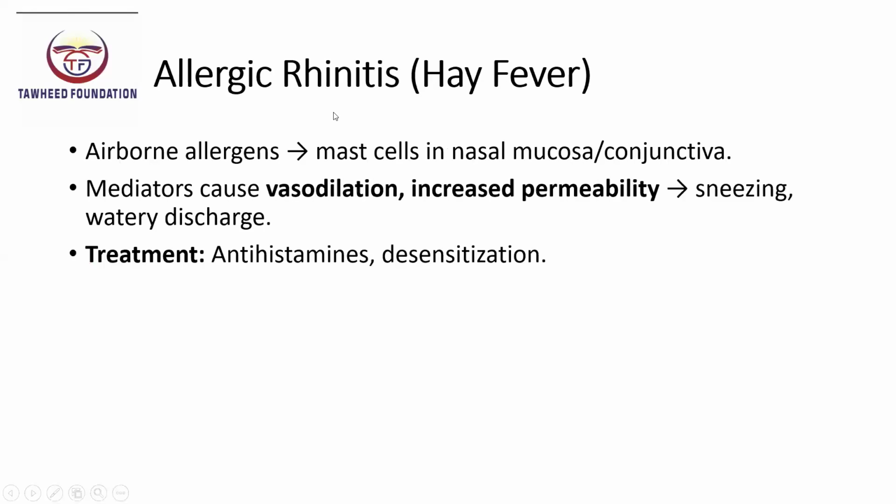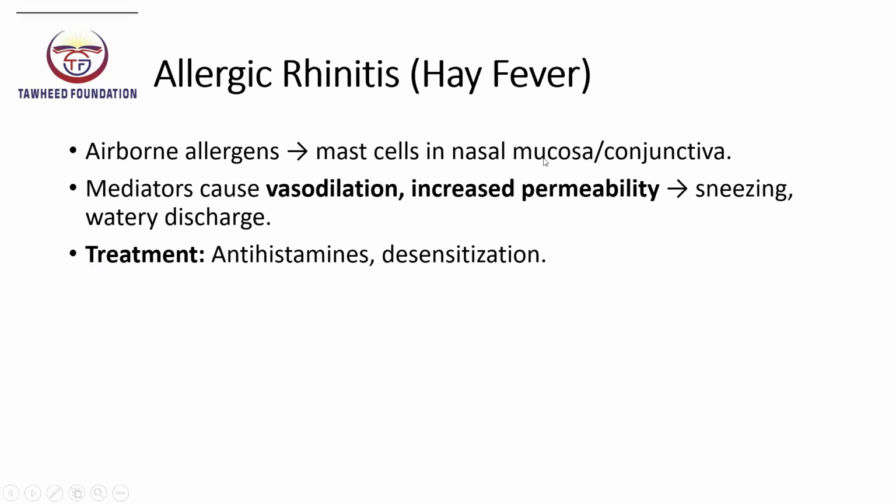Next is allergic rhinitis, that is hay fever. Allergic rhinitis, commonly known as hay fever, is triggered by airborne allergens such as pollen. Mast cells in the nasal mucosa and conjunctiva are sensitized to these allergens.